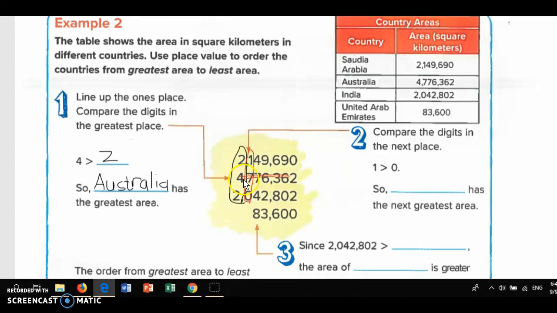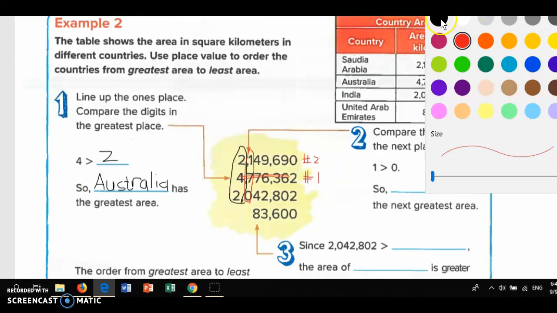Okay, so we are using a 1 and a 0. 1 is bigger than the 0. So this one was number 1. So this one is bigger, so it will be number 2, the second biggest. Now, 2,149,690 is which area? This is Saudi Arabia.